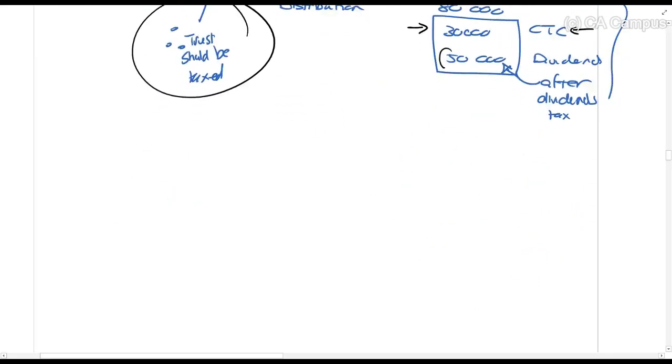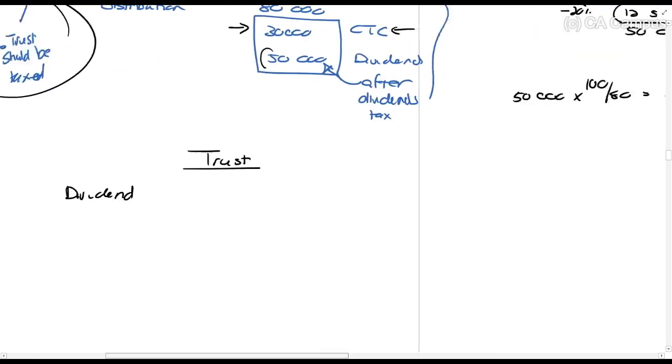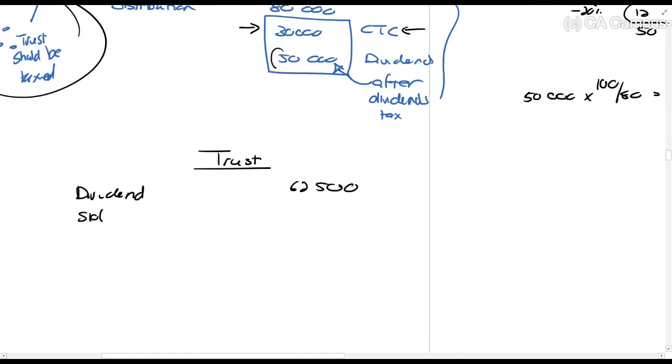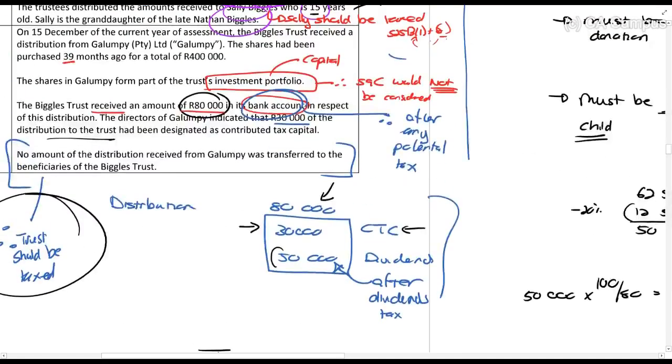Okay, so all I want you to see, this is what's going to happen to the trust. Here's the trust. It's going to say it has received a dividend of 62,500. The full amount was exempt under section 10(1)(k). Now, these shares are being held as capital.